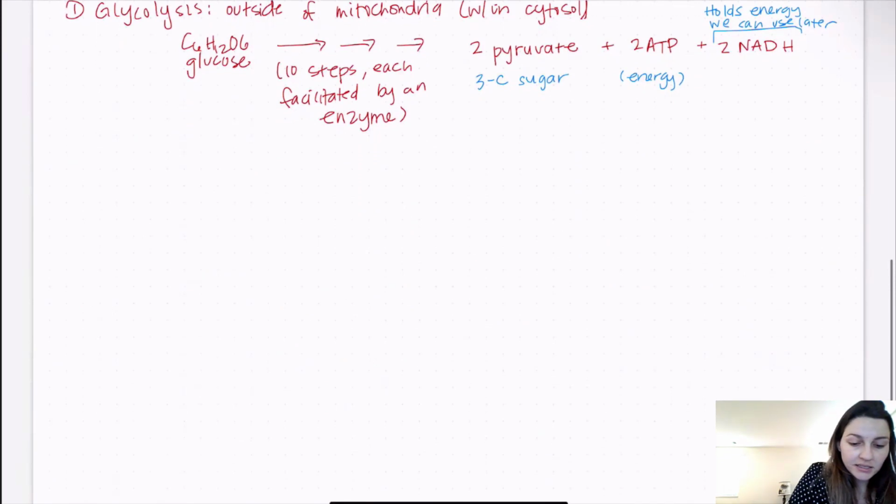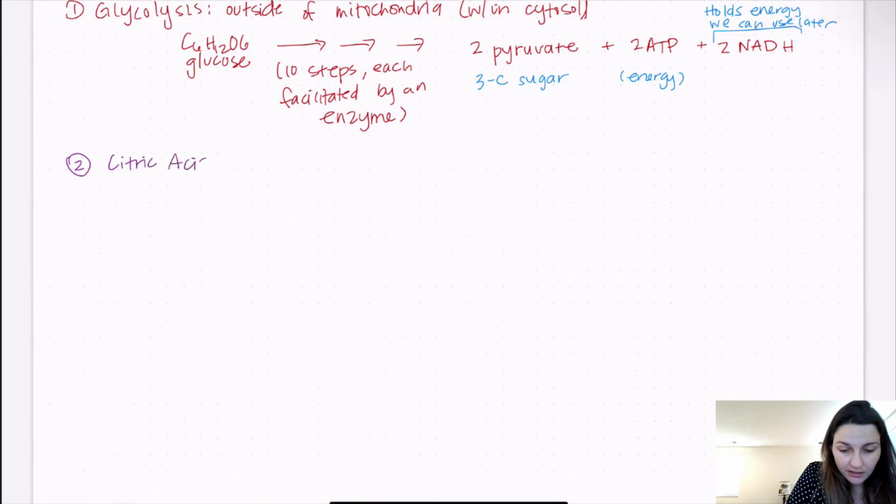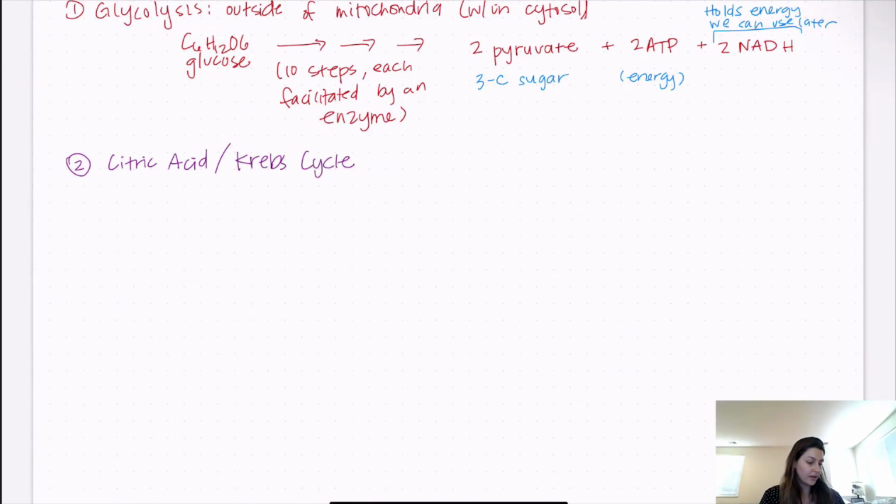So we have glycolysis. Step 2 is the citric acid / Krebs cycle. The citric acid / Krebs cycle happens in the mitochondrial matrix, or just matrix for short.